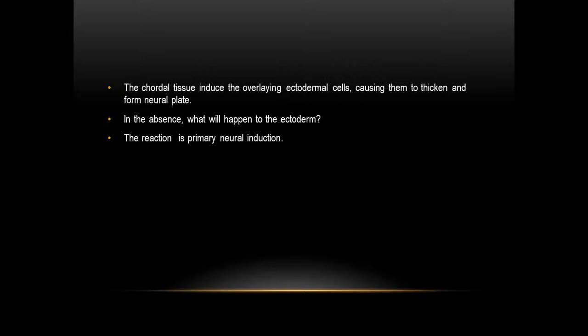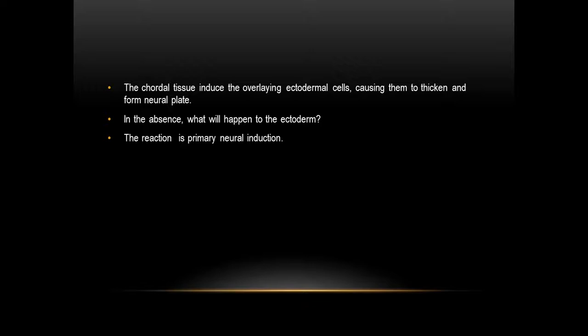Now, how important is the chorda mesodermal tissue or the notochordal tissue in the process of neurulation? The basic question we have to ask is: in the absence of the chorda mesoderm or the notochord, what will happen to the ectoderm? A few experiments, grafting experiments in particular, have proven the importance of the notochordal tissue in the process of neurulation.